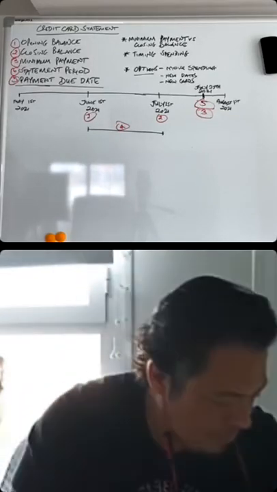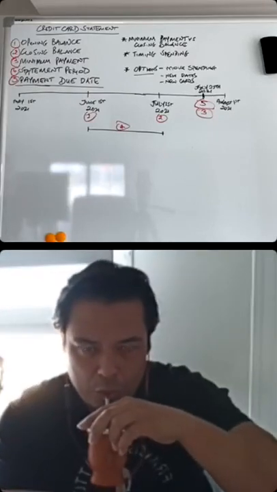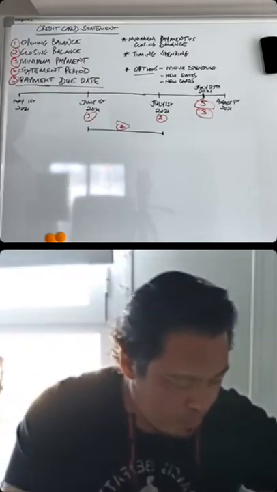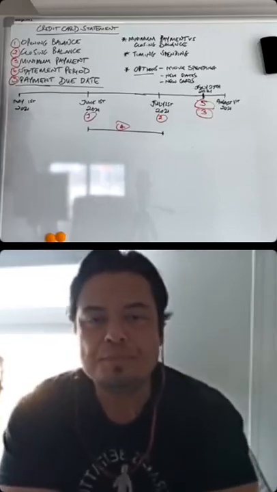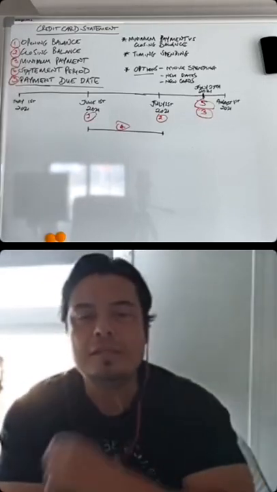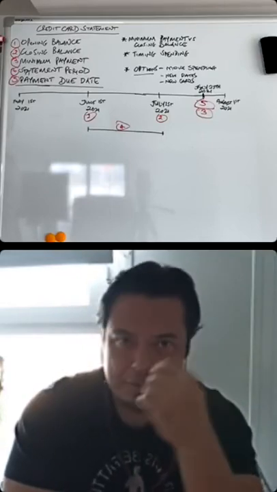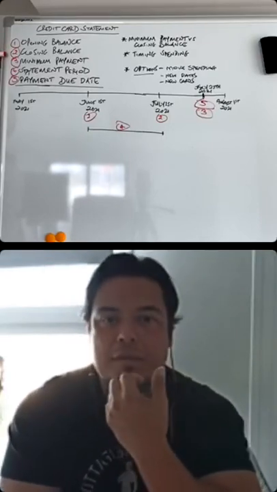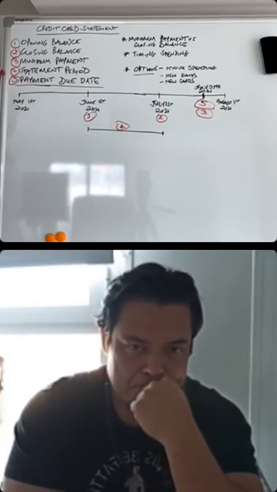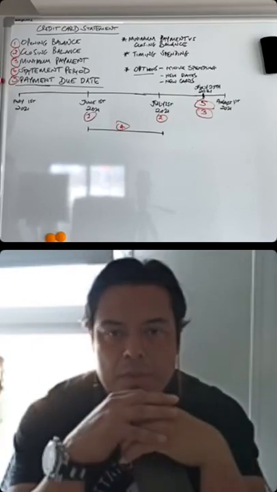So the first thing is just understanding the key terms that are used. Normally, when you receive a credit card statement, it'll have a lot of information on it. But these are the key terms to know: opening balance, closing balance, minimum payment, statement period, and payment due date.